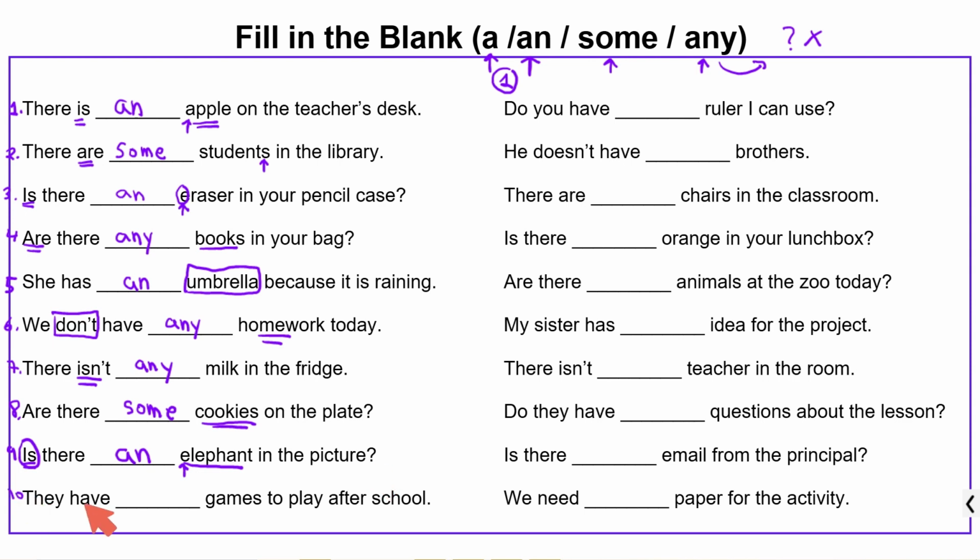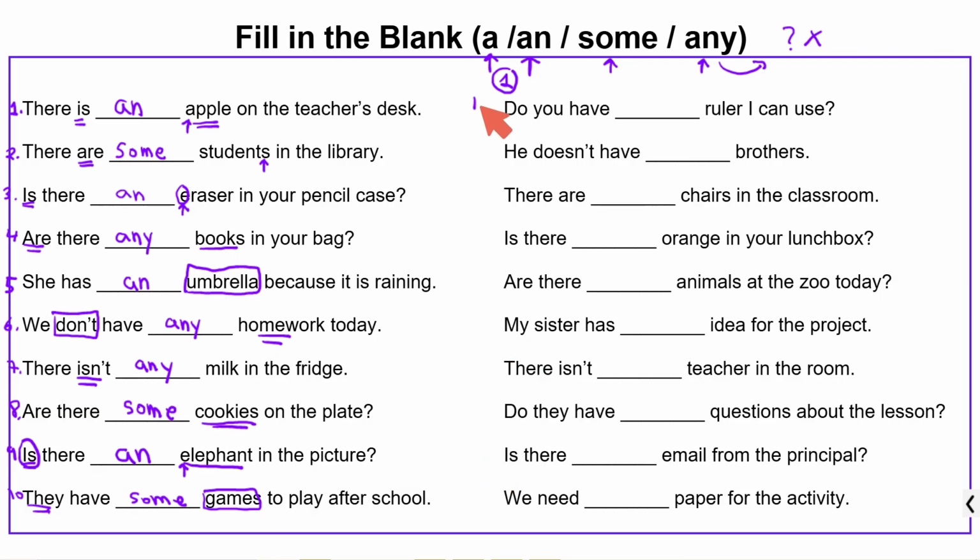Number 10, they have blank space games to play after school. So "they" is plural, more than one, referring to more than one person, and games is also plural. So we can't use a or an, so we will be looking at some. They have some games to play after school.